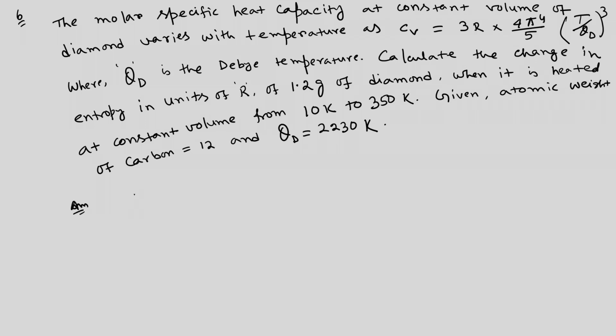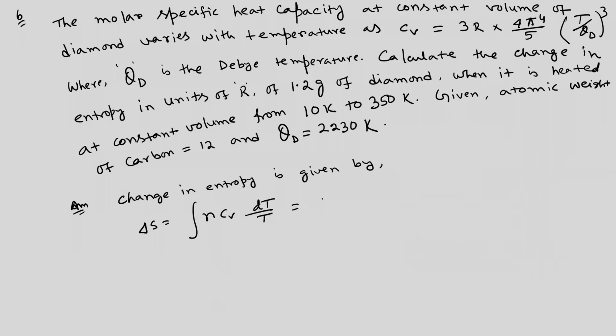So, change in entropy is given by delta S is the integral of n Cv dT by T. So, here n is 1.2 by 12, that is 0.1.